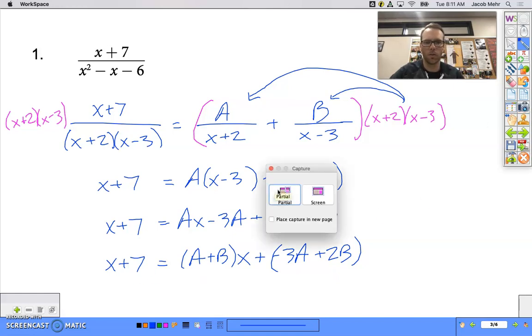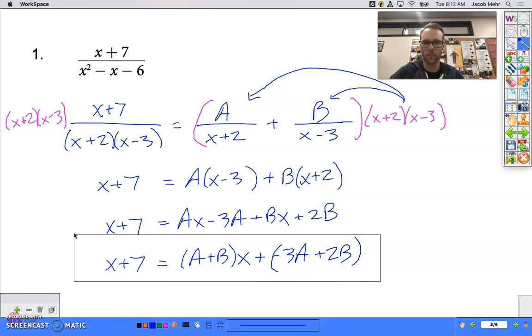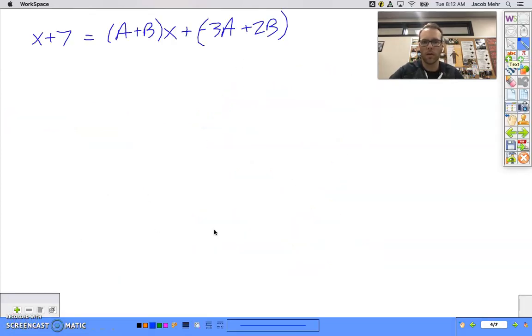Let me move this to a new page here. Okay. Here's what I notice. I notice we have one x there. How many x's do we have on the right side? We have A plus B x's. So I know 1 equals A plus B.